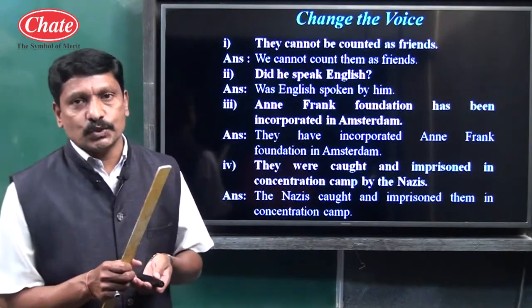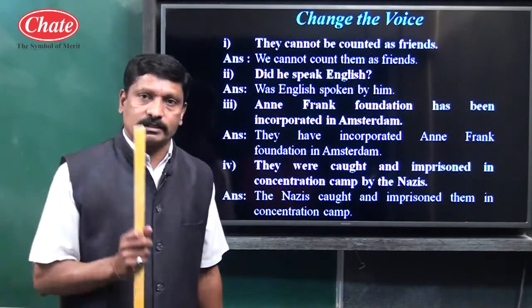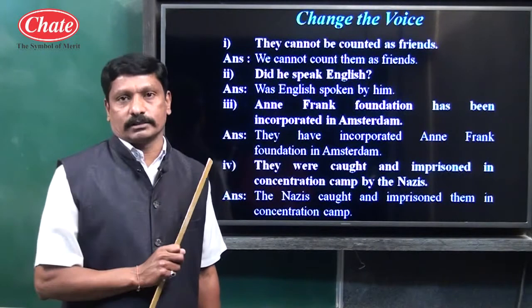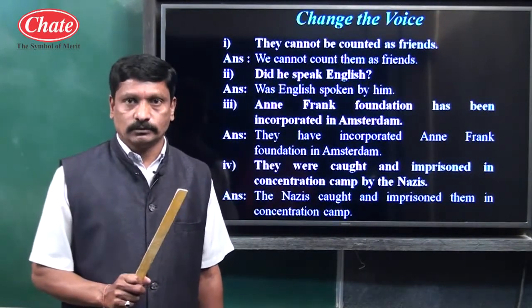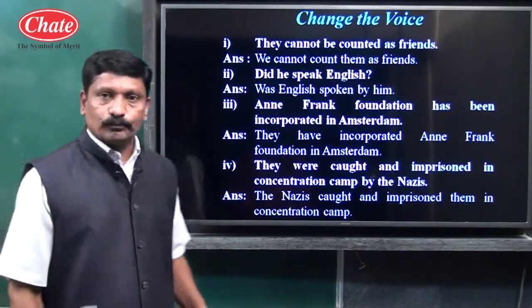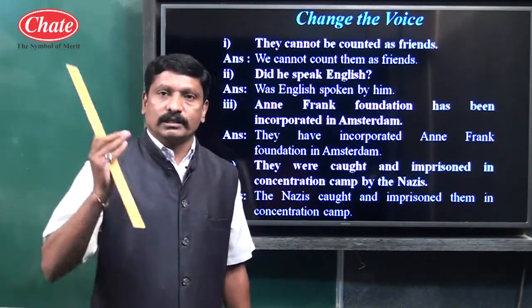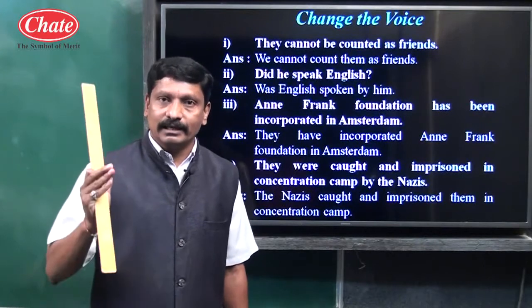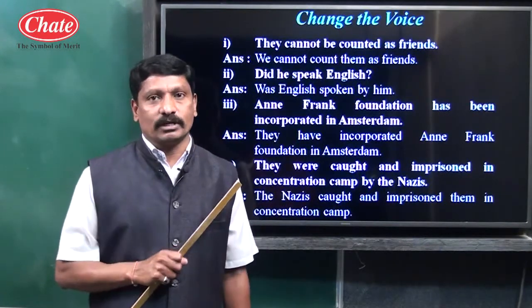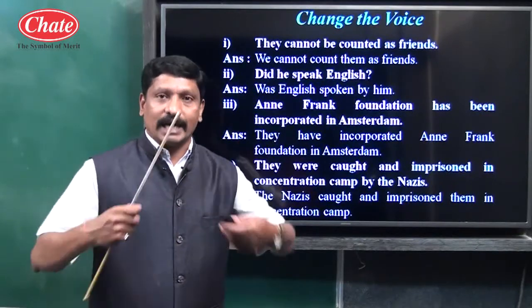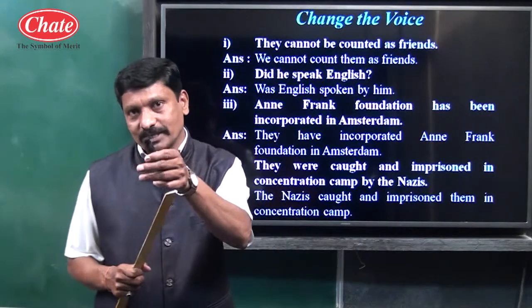Active voice structure is used when we want to give stress or importance to the subject. For example, see children, I teach this topic. In this example, the subject I is important. I teach, no one else but I teach it. So it is an active voice sentence.